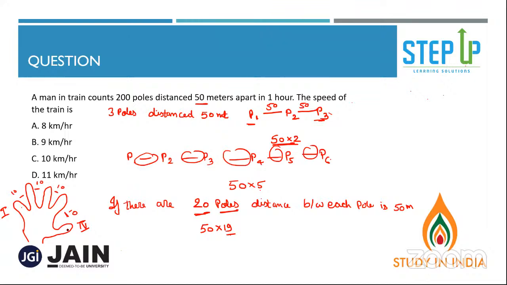It's always one less. So if there are 200 poles, it means that we need to take 199 into 50. So 199 into 50 will be your total distance. So total distance is equal to 199 into 50 meters. So what will it give you?